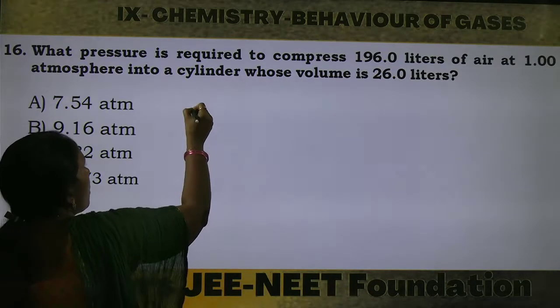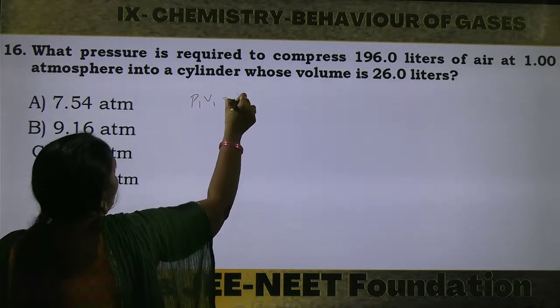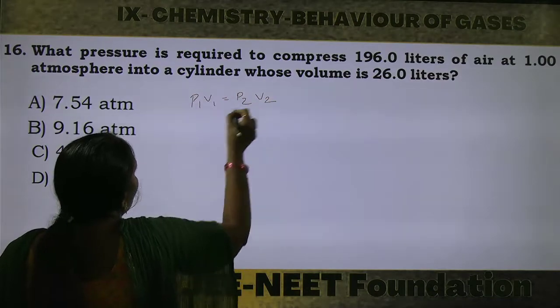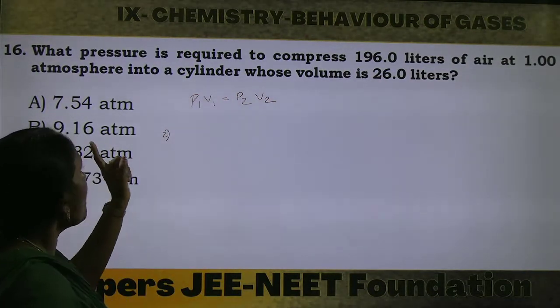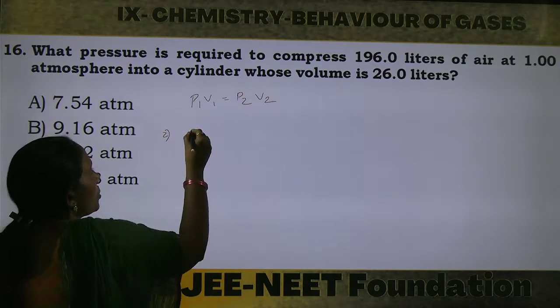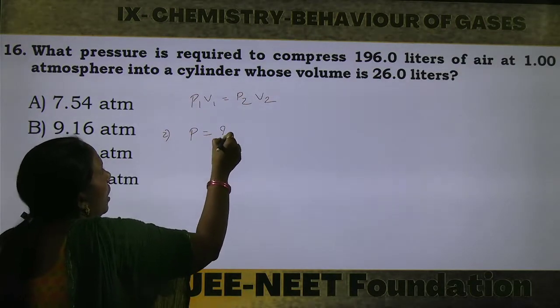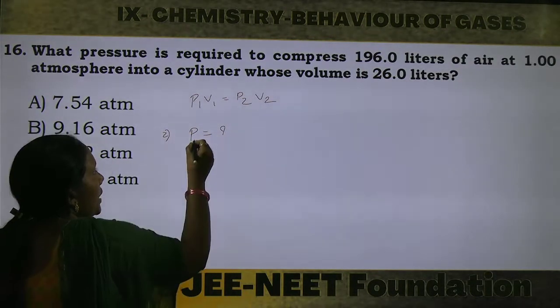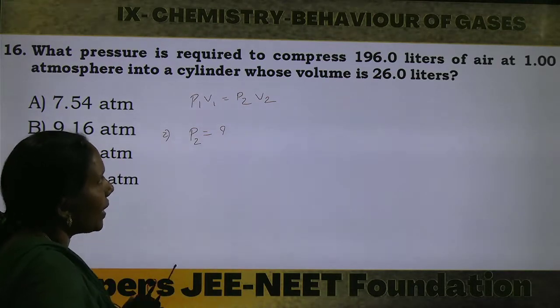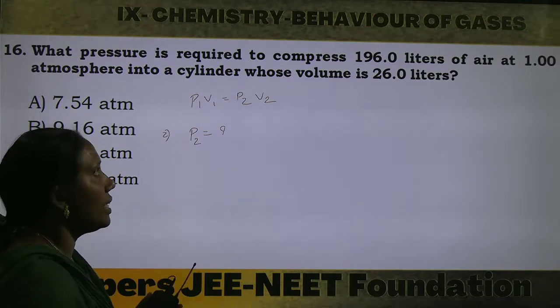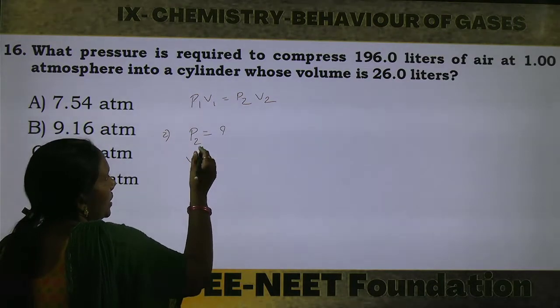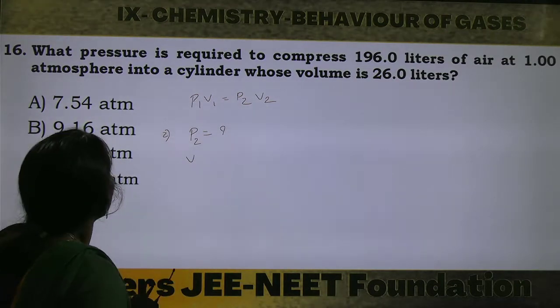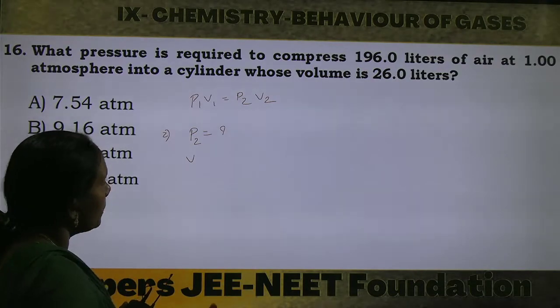What is our Boyle's law formula? P1 V1 equal to P2 V2. First of all, note down the data. What pressure is required? He is asking to calculate the pressure, to compress 196 liters of air. 196 liters means V1 is given.